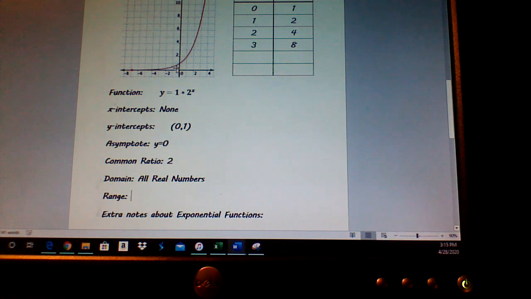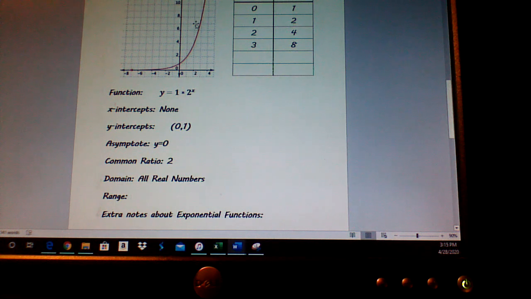Now my range, on the other hand, while I do see an arrow when I go downwards, we have talked about this when we talked about asymptote, that I cannot cross this x-axis. So what that means is that I'm never going to get to this x-axis. I always have to be above it.